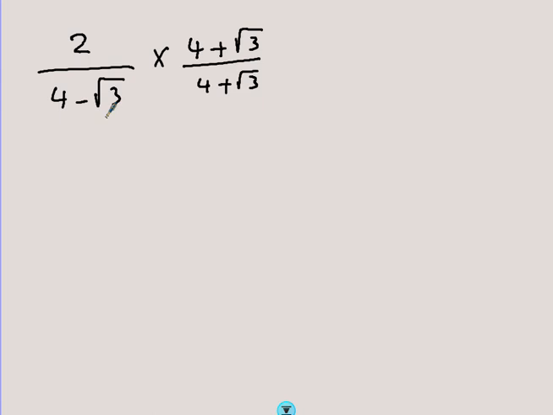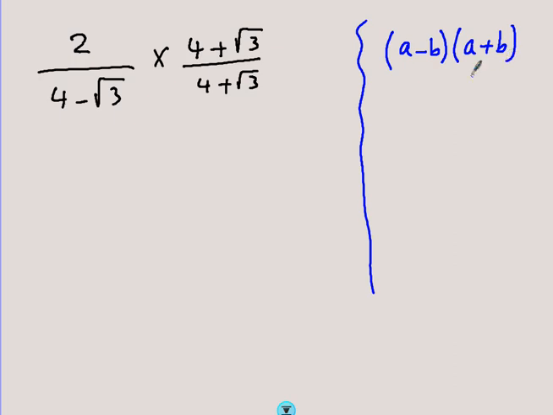Why do we choose this? What's so special about multiplying conjugates? Well, the secret is in algebra. It's in the difference of two squares multiplication. A minus B times A plus B is equal to A squared minus B squared.